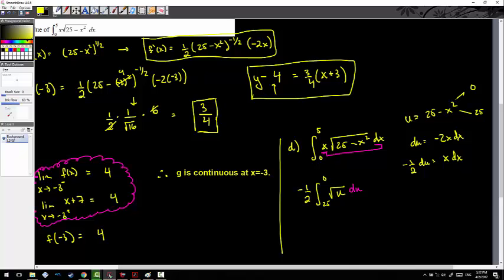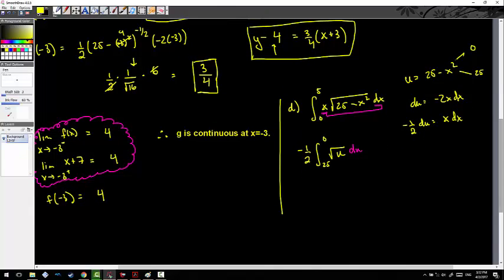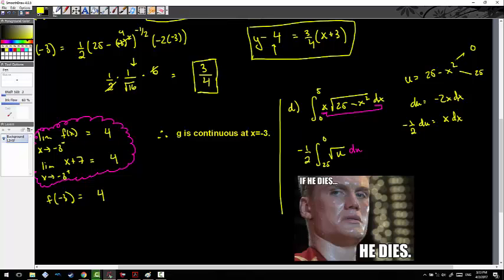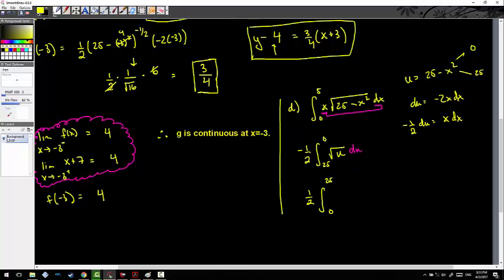Now, I'm going to go ahead and reposition those limits of integration one more time. I'm going to go from 0 to 25, which means if I reverse my limits of integration, I have to kick out a negative, which means the negative being kicked out of the integral, and the negative here for the 1/2, they die. And I'm going to say u to the 1/2 du.